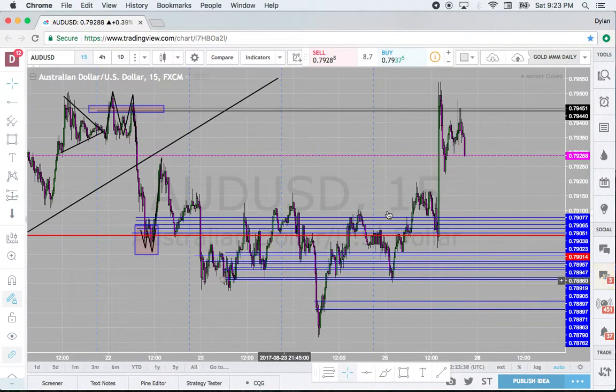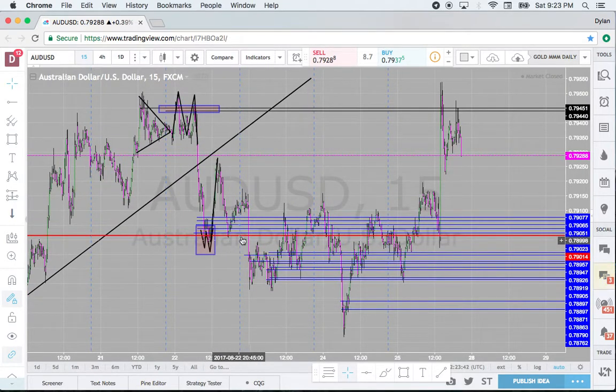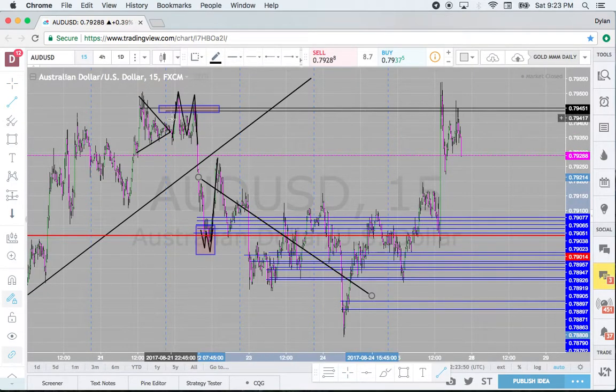Like I said, it does work off of the highs and the lows. So the expert advisor was buying in here, even though price was trending down. Why is that?